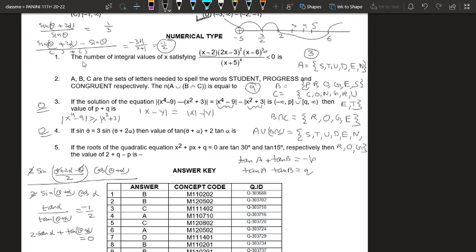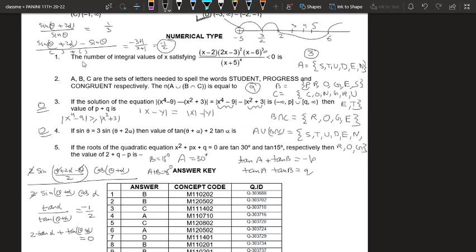So minus p and q, such that a is 30 and b is 15 degree. So a plus b is equal to 45 degree.